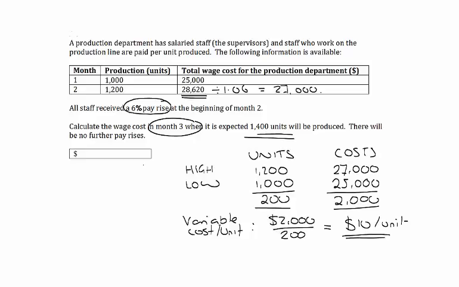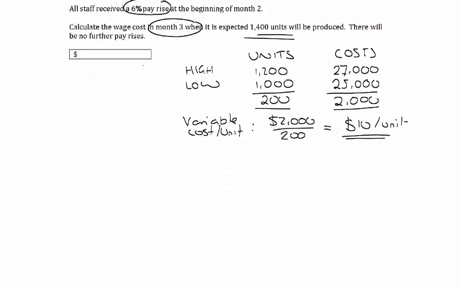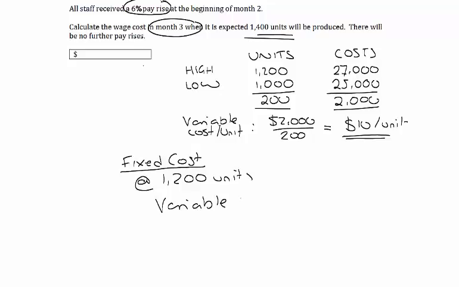per unit. Now, once you have the variable cost per unit, we can then try to work out the fixed cost. And there's lots of ways to do this. But if you simply pick one activity level, let's say we pick the high activity of 1,200 units, then the variable cost in total at that point will be 1,200 units multiplied by $10 per unit, which is $12,000.